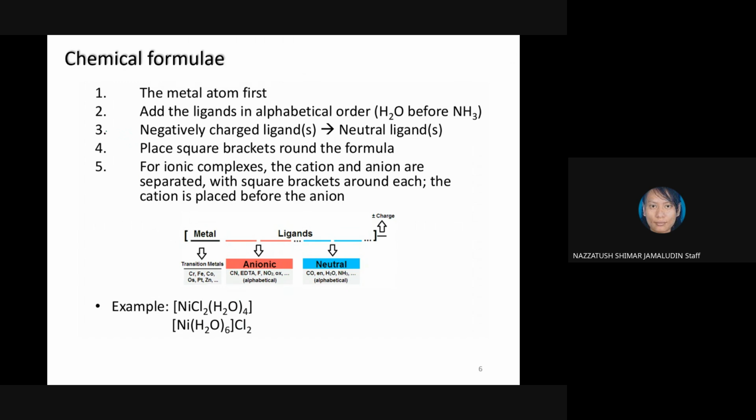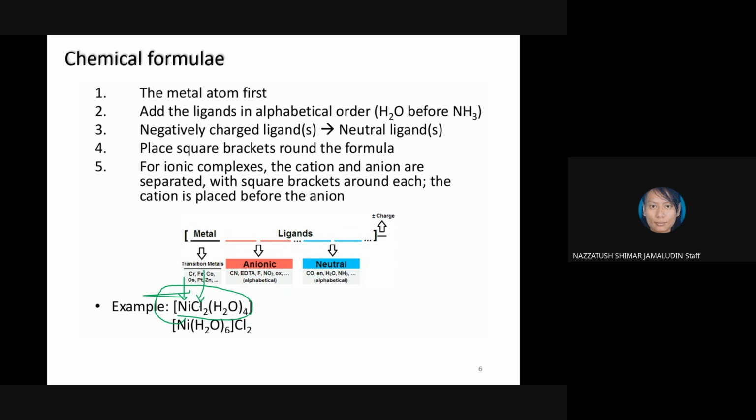In this example here, nickel is the metal. Chlorine is the anionic ligand, because chlorine can exist as chloride.